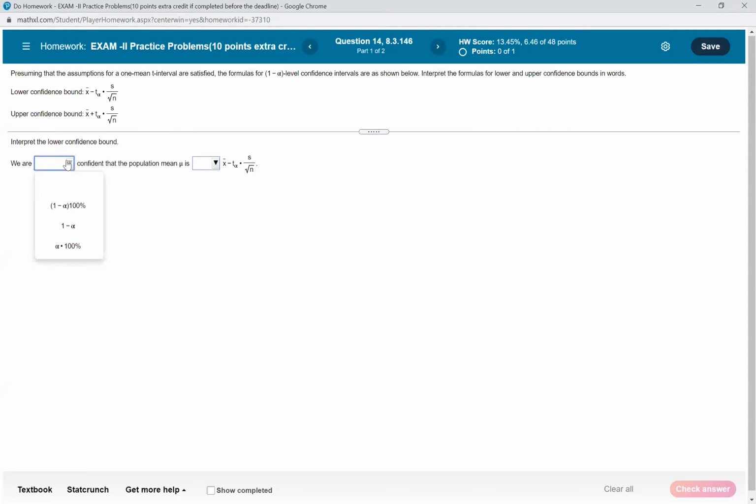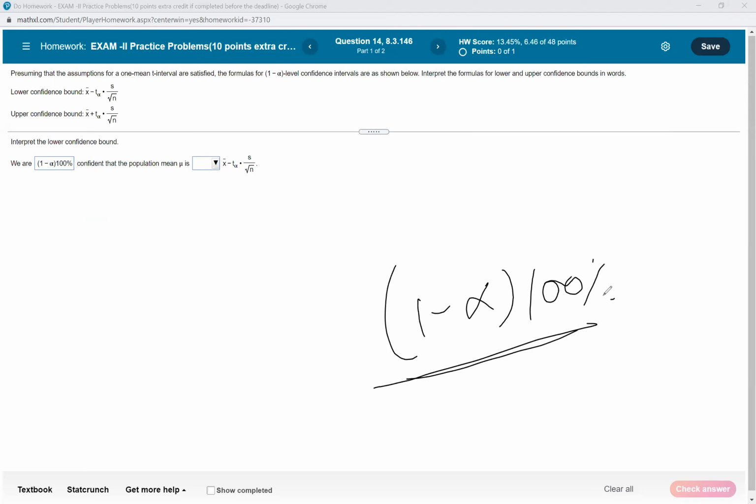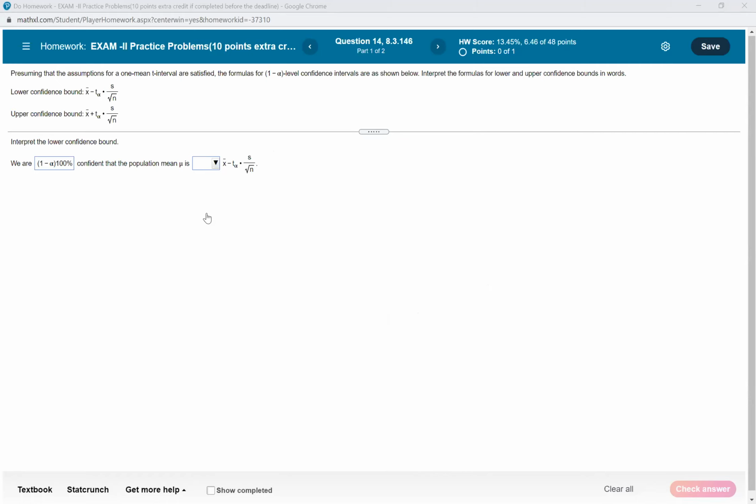The interpretation is we are 100 times 1 minus alpha percent confident, because the confidence level is 1 minus alpha times 100%. That means we are this percent confident that the population mean mu is, since this is the lower limit, at least this number, because this is the lower limit.